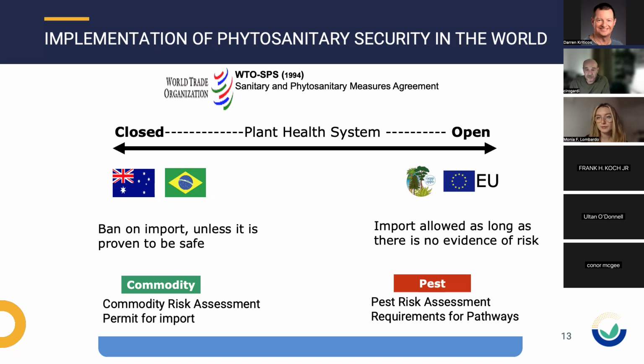So if there is evidence of risk, Europe can pose a ban or limitation. Most of the other countries in the world use the opposite approach. So there is a ban on import unless it is proven that importing a given commodity is without any risk, or with reasonable risk, let's say.